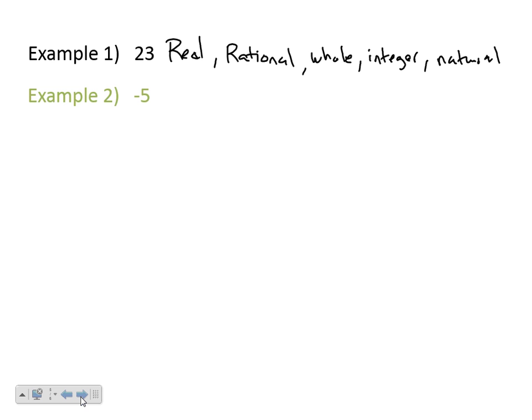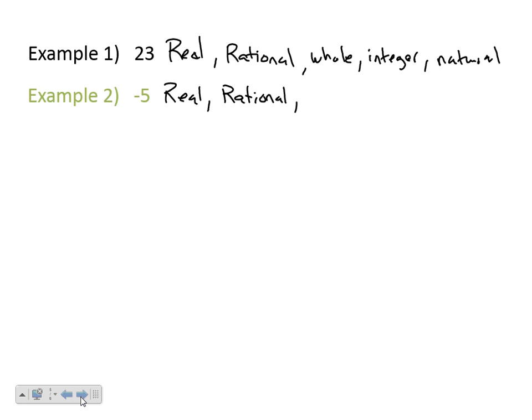Negative 5. Is it real? Yes. Whose house? Rational, because it can be made a fraction, negative 5 over 1. Is it whole? Why not? Because it's negative. Remember wholes?